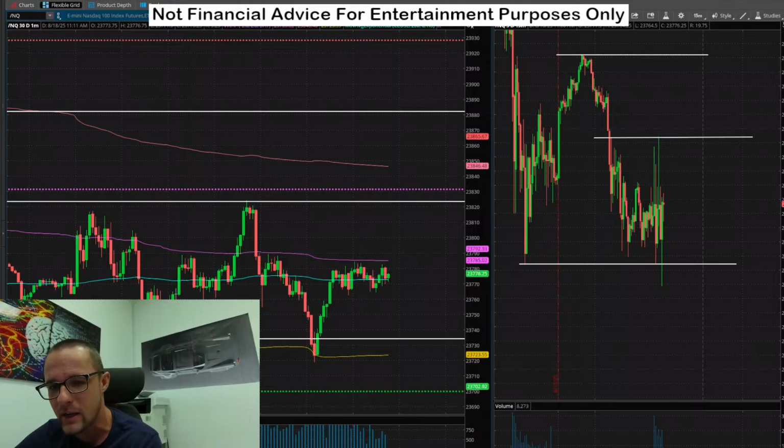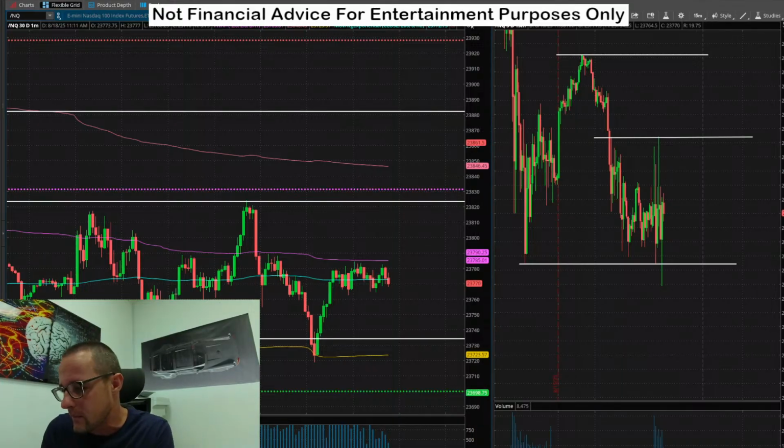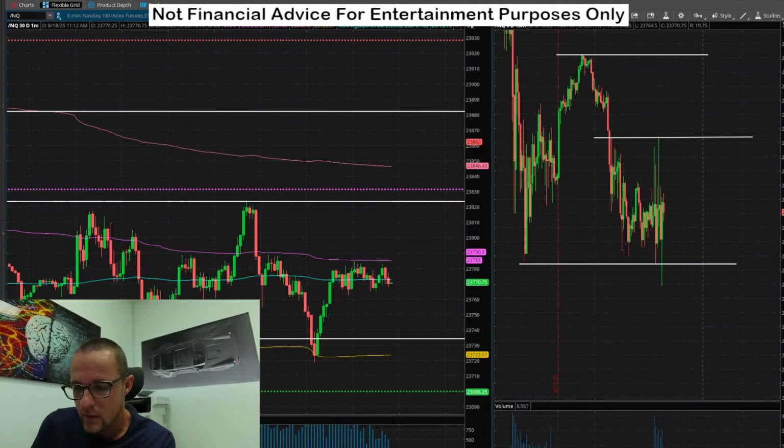But the reason it's not is because we have so much resistance. So I would have adjusted my TP based on if we didn't have all this going on here, I would have had my TP here. But the fact that we had so much going on here and I knew price could do this is exactly why I didn't set my TP right here. Technically, by the book, by my strategy, I should have set my TP there. But I set it at a safer place for me. That made sense.